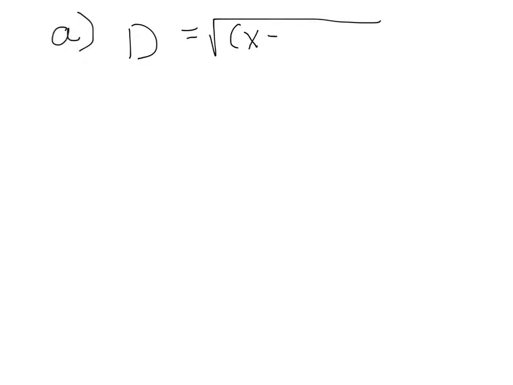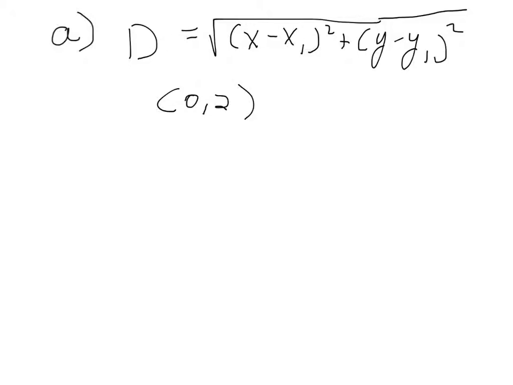So if you write out the distance formula, it's root of x minus x1 squared plus y minus y1 squared. If you remember for the previous problem, we plugged in 0 for x1 and 0 for y1 because we were going from the origin. Now for this problem, since you want to go from the point 0, 2, we're just going to plug in those coordinates.